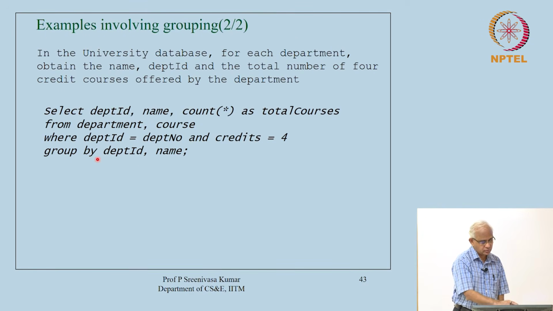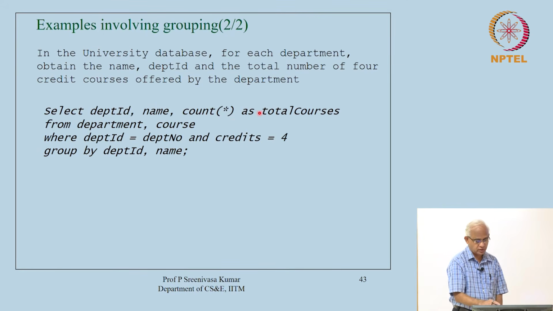Here is how you can obtain this. Select department ID, name and count star. Count star is used if you do not have to bother about which attribute to count, but basically you are counting the tuples.